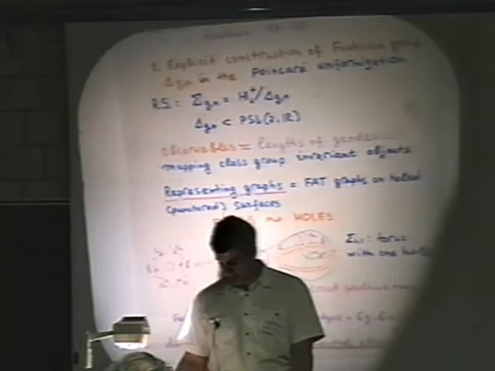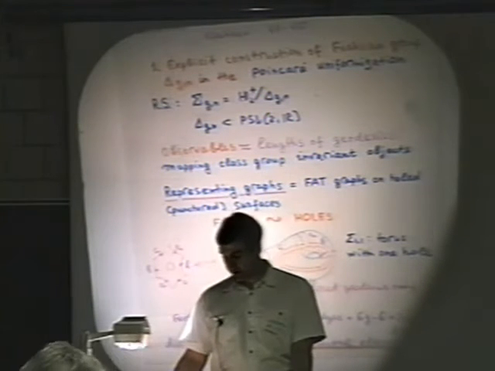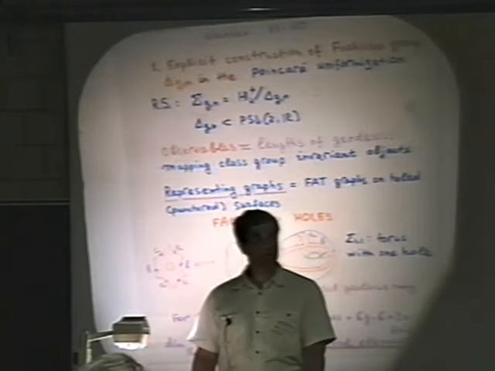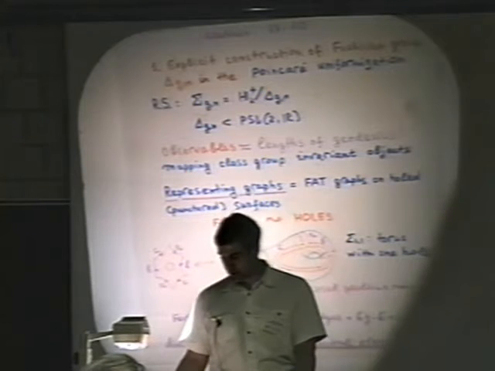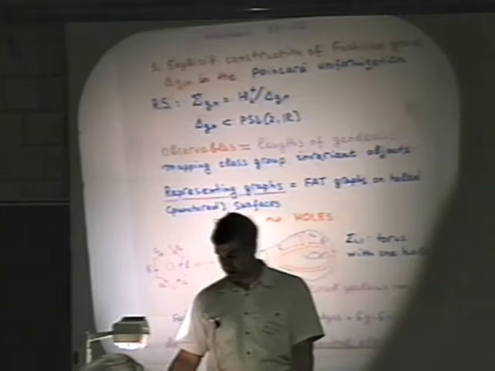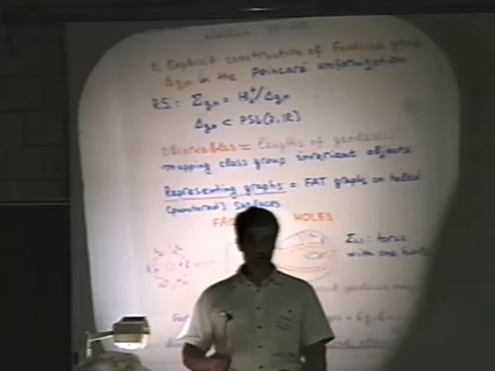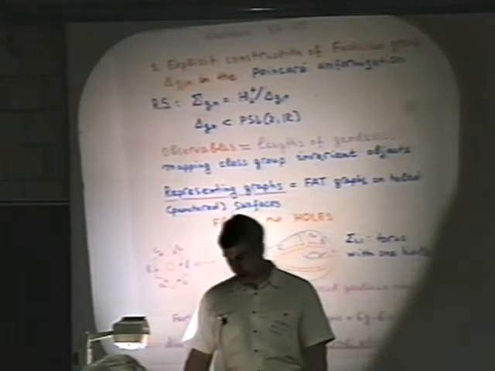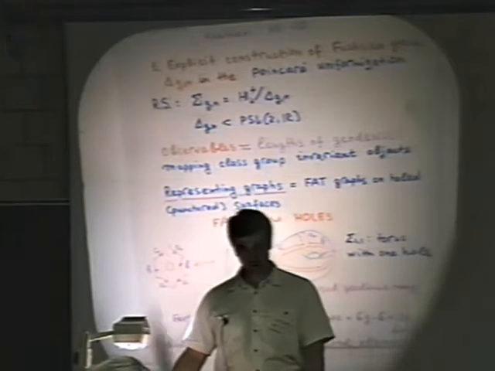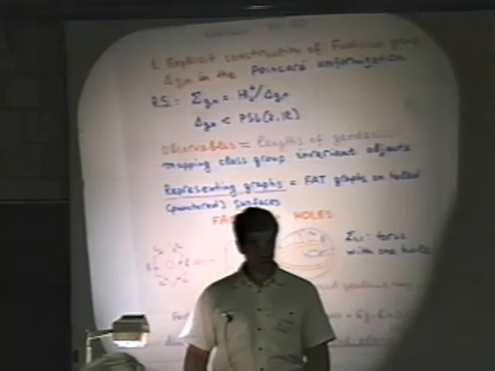We have so-called representing graphs, and these graphs are fat or train track or ribbon graphs, which are drawn on holed or punctured Riemann surfaces. And that's why first we need at least one puncture, one boundary component, because faces of the graph correspond to holes or boundary components. And if we have some graph, then we have at least one face.